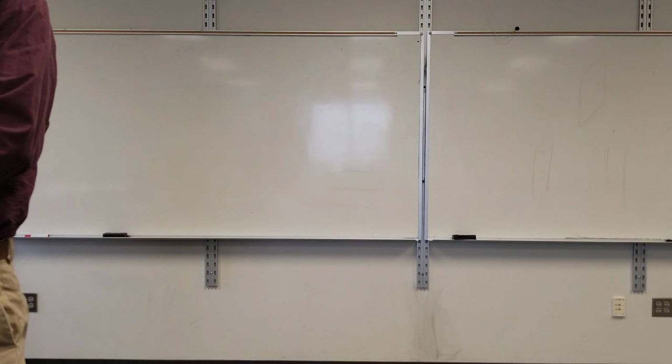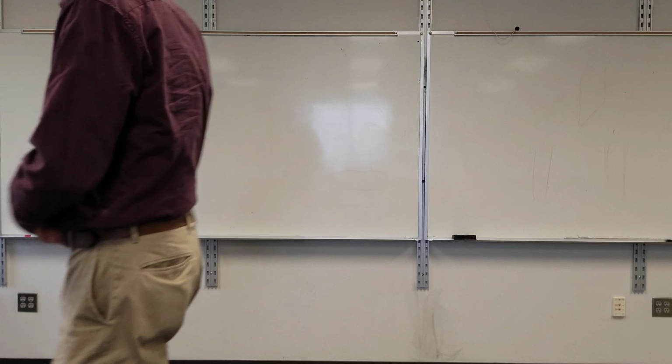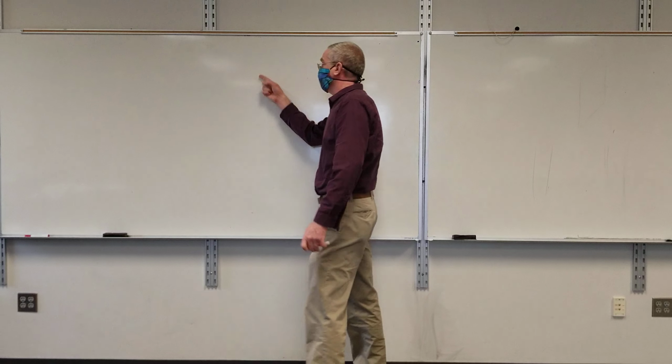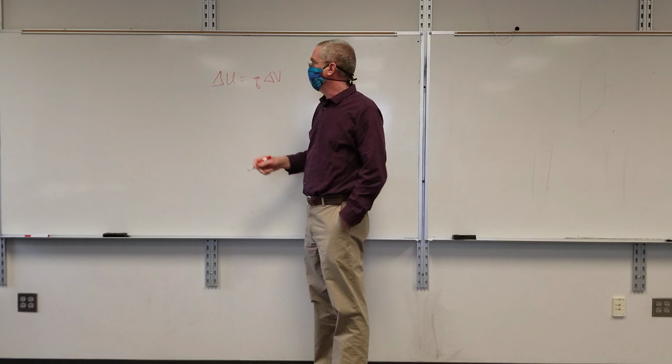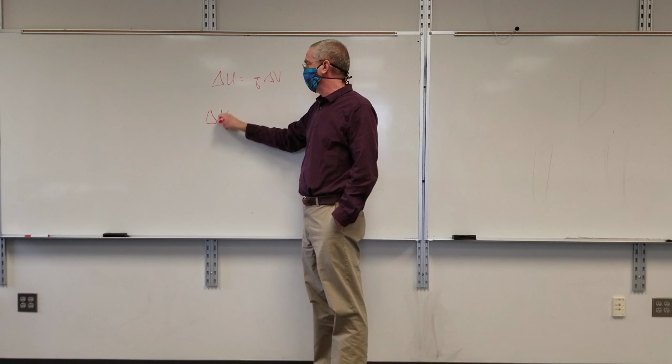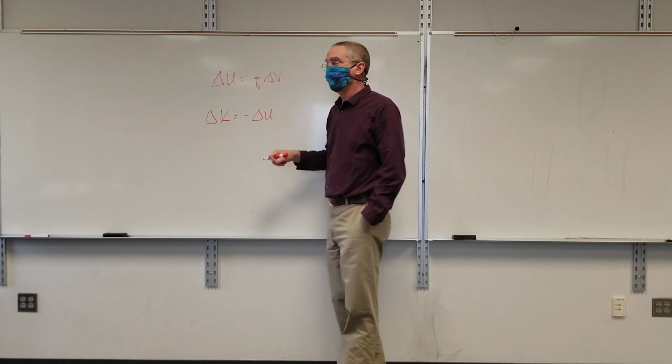You needed to know the change in potential energy. The change in potential energy is equal to the charge times the change in the electric potential. And I know that the change in kinetic energy is equal to the negative change in potential energy.